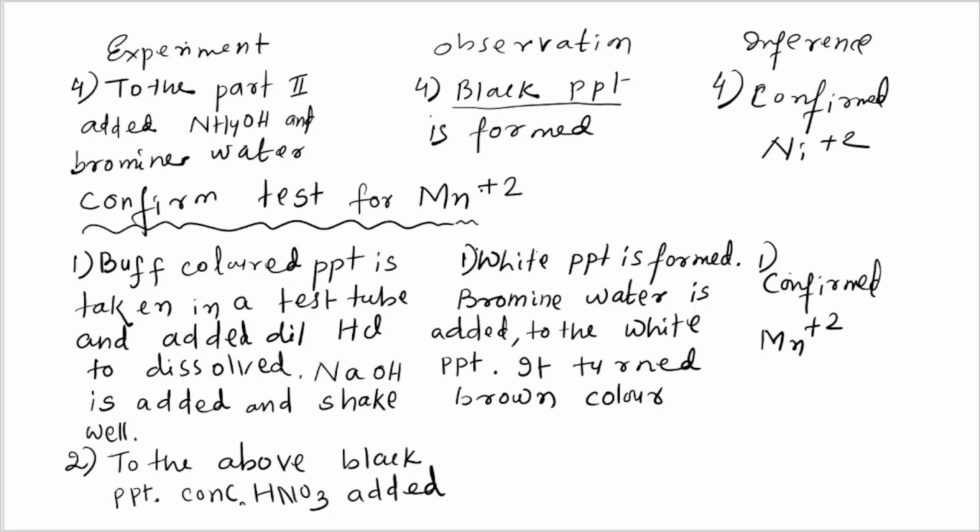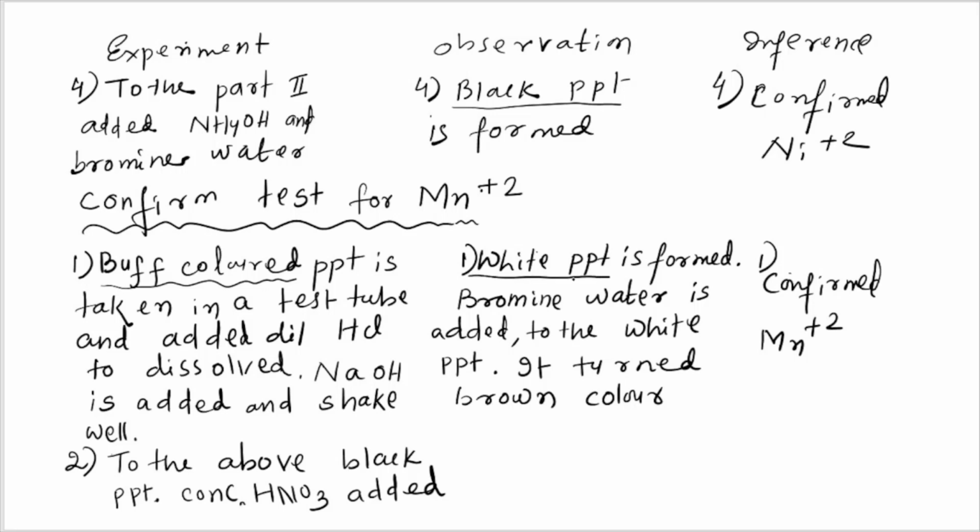Then come to manganese. When ammonium chloride and ammonium hydroxide are added to the salt solution, if a buff color precipitate is formed, then it may be Mn+2. And how to do the confirmatory test? The precipitate is dissolved in dilute HCl, NaOH is added and shaken. Then a white precipitate forms. Remember, the buff color precipitate dissolves in dilute HCl, then NaOH is added, a white precipitate is formed.